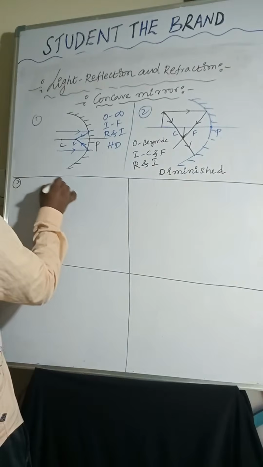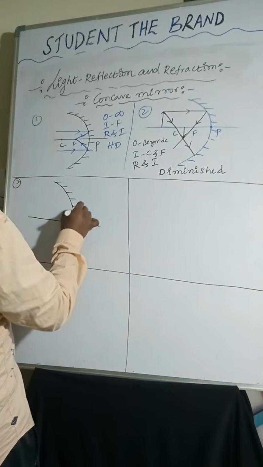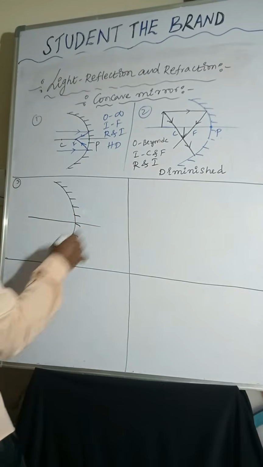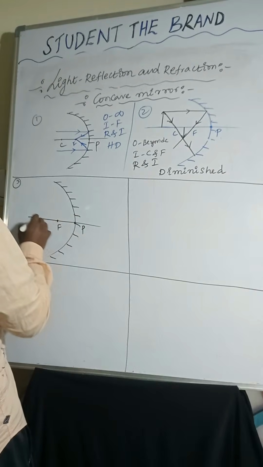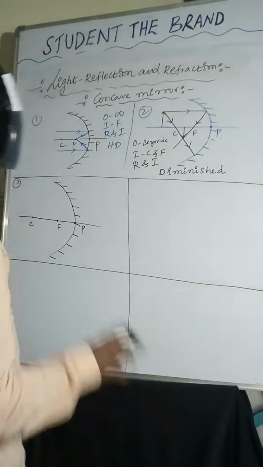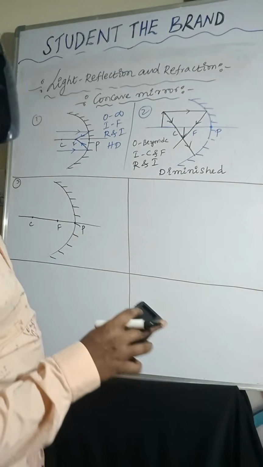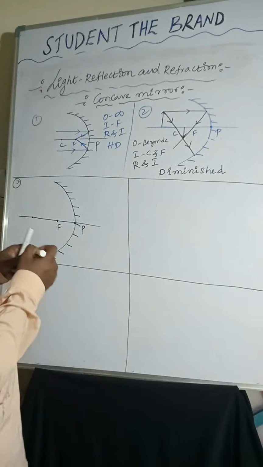Third one. So pole, focus, center of curvature. Object is placed at center of curvature. Image will form at center of curvature itself.